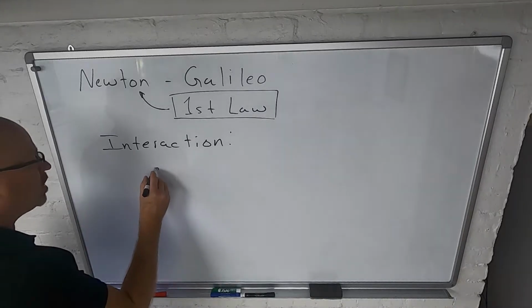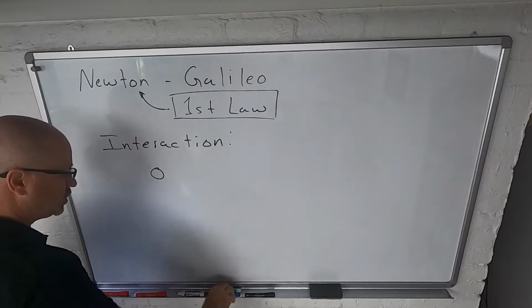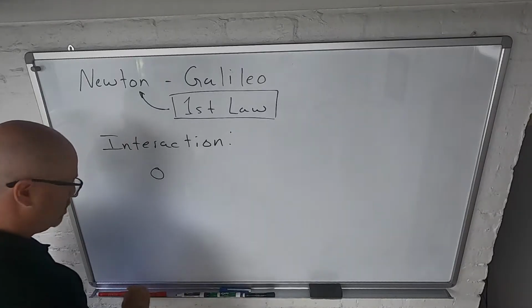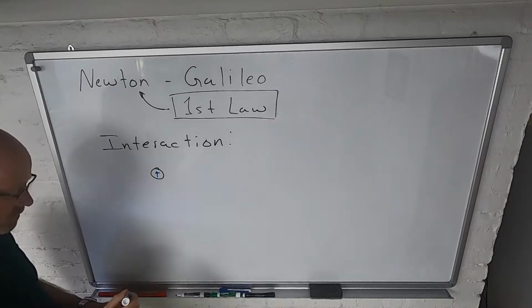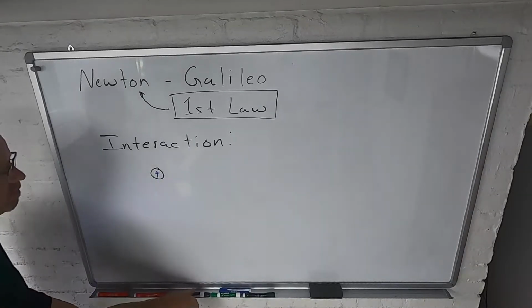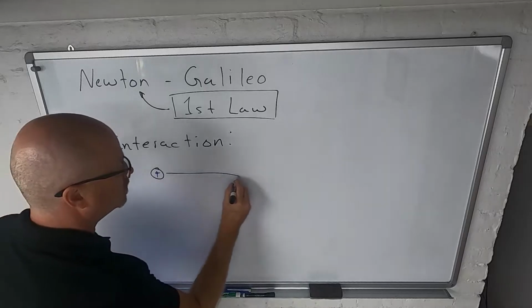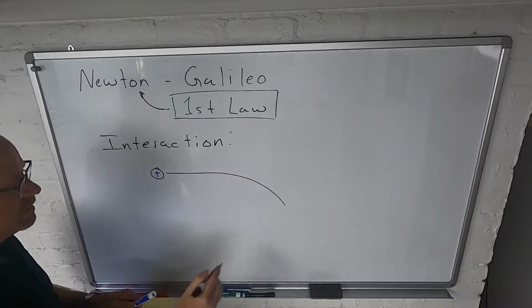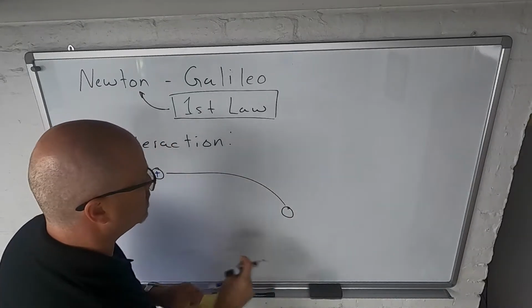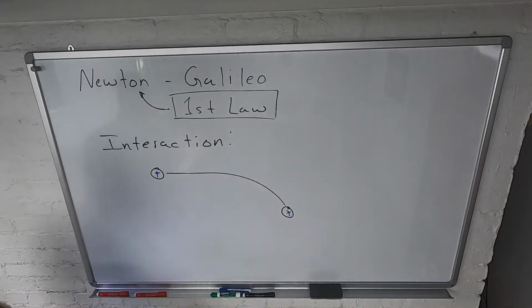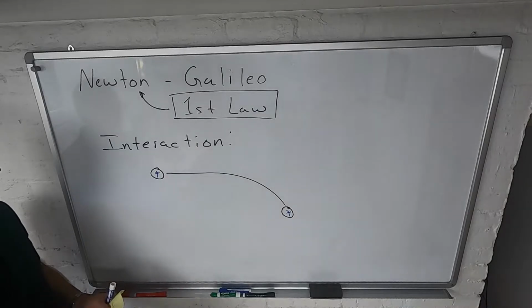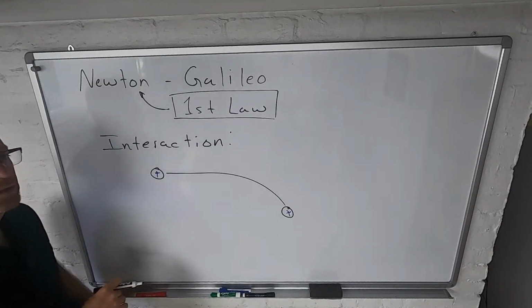So let's say I have a particle. Let's say it's a charged particle, a positively charged particle, plus, and that particle moves like this, such that in the end, it's over here. What has changed? Well, of course its direction has changed.